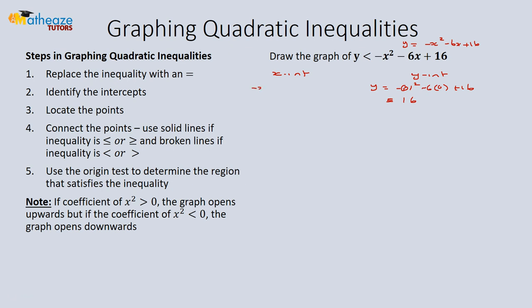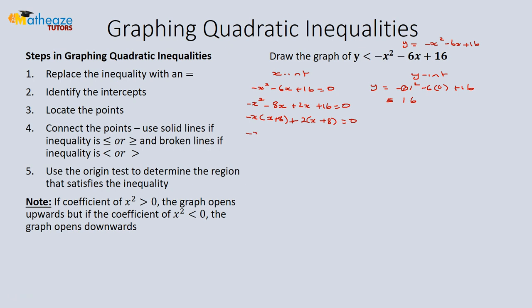So we have negative x squared minus 6x plus 16 equal to 0. So negative x squared minus 8x plus 2x plus 16 equal to 0. So we have negative x, we have x plus 8, plus 2, x plus 8 equal to 0.